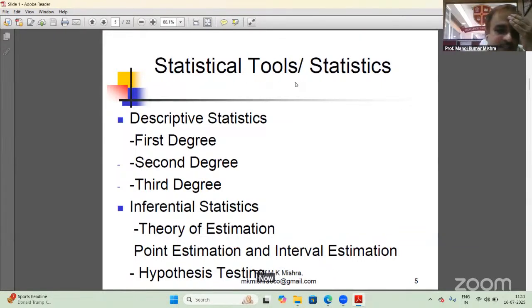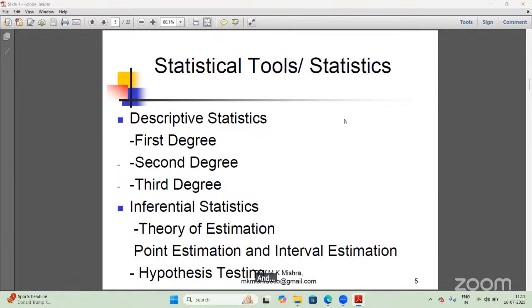Now we are discussing the statistical tools. Statistics can be divided into 2 parts: descriptive statistics and inferential statistics.